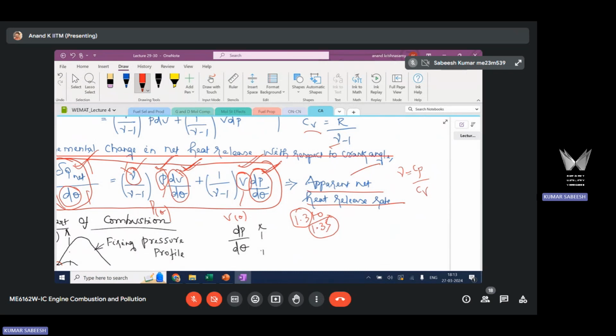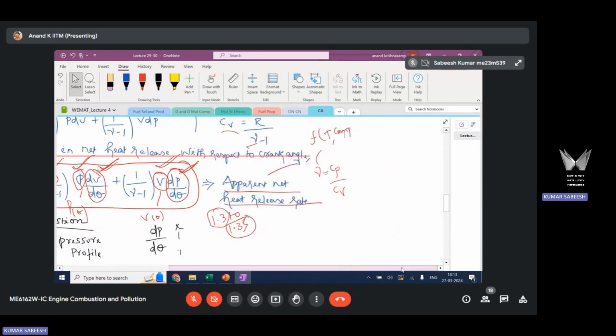Gamma is a strong function of temperature as well as the composition of the combustion products. So it is a function of temperature, and it is also a function of the composition of the in-cylinder gas mixture.